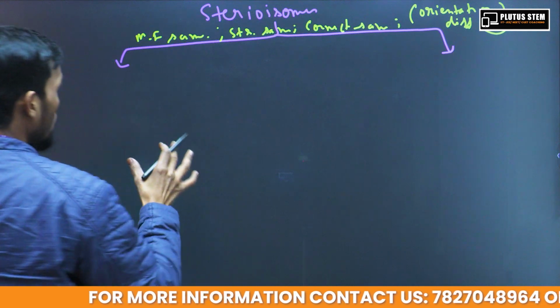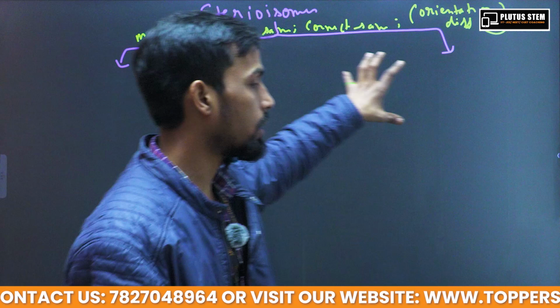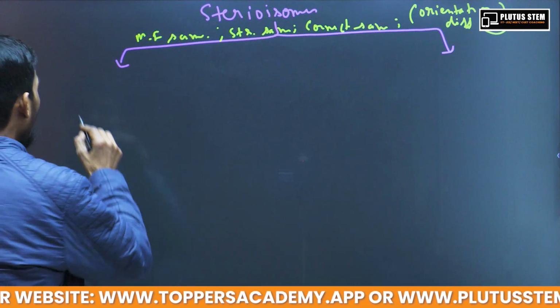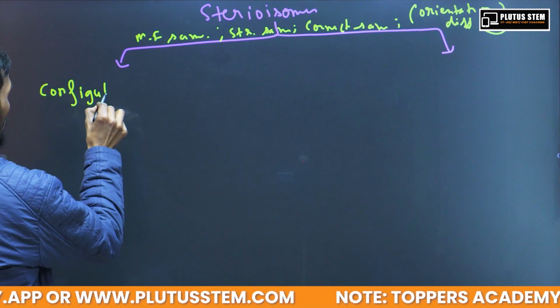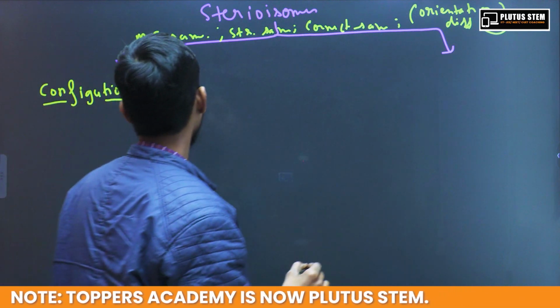So what are the major differences between the two subclasses of stereoisomers, that is, configurational isomerism and conformational isomerism?